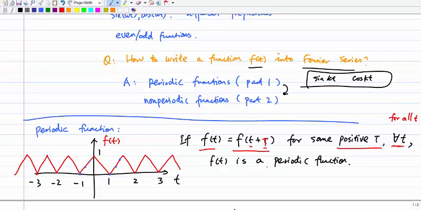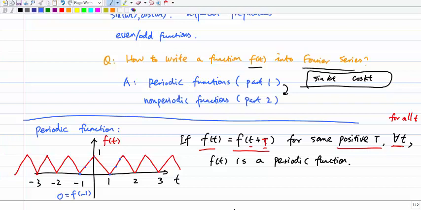For example, here is a function f(t) I give you, assuming this pattern will keep repeating. Here this is -1, this is +1. Let's say this is f(-1), for example. Of course, here it stands at 0.